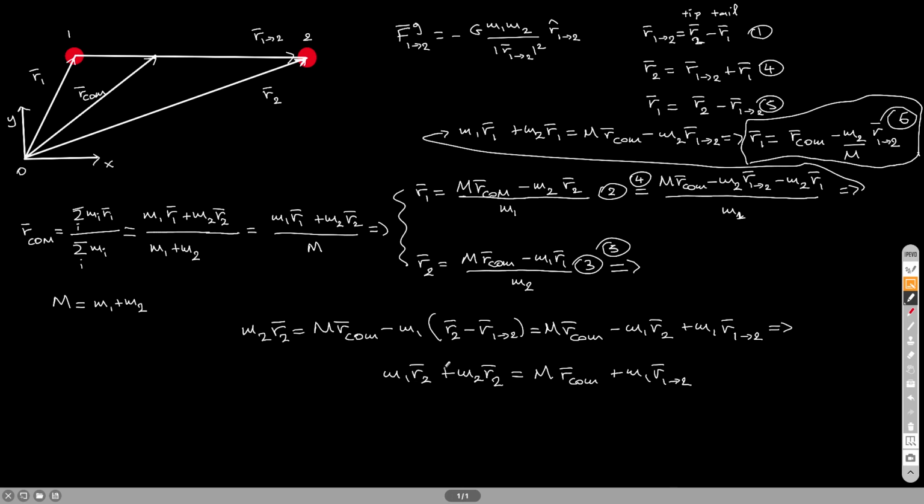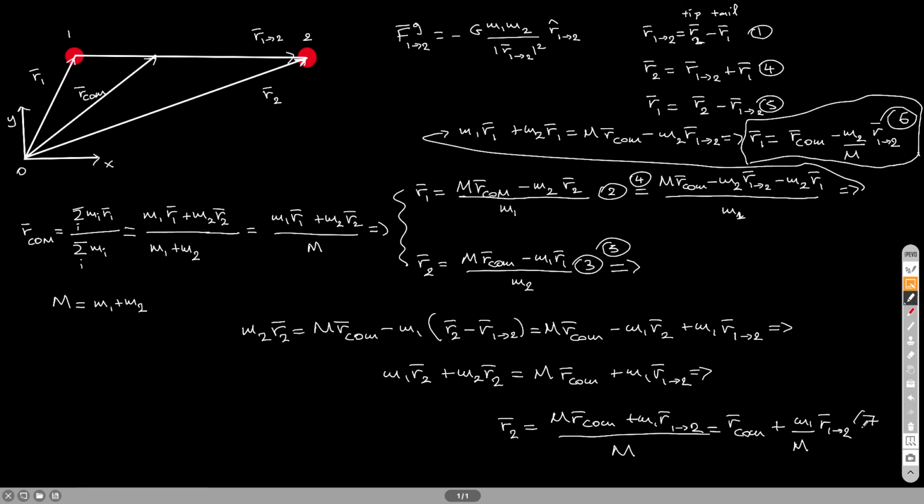Now if you see here, both terms include r2, so I can take it out as a common factor. The parentheses will include m1 and m2, which is really big M. So r2 will be M times the position of the center of mass plus m1 r from 1 to 2 divided by big M, and this will end up being the position of the center of mass plus m1 over the big M, the relative position from 1 to 2.